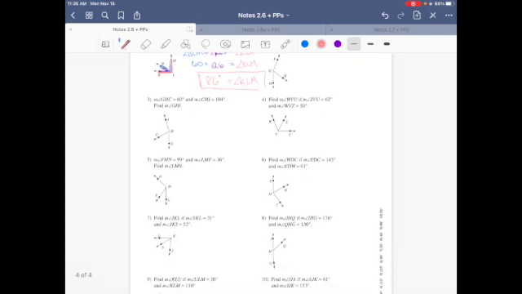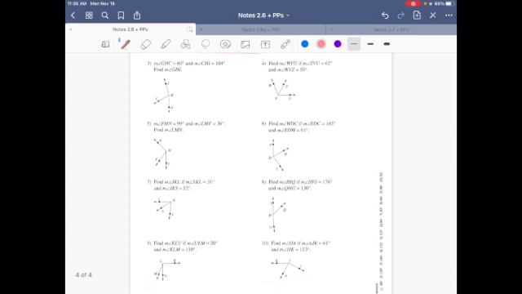Let's take a look at one more. Let's look at number 6 together. So we can say, okay, well, this small angle, EDW, plus this other angle, WDC, if I add those together, we're going to get the big angle, which is EDC.